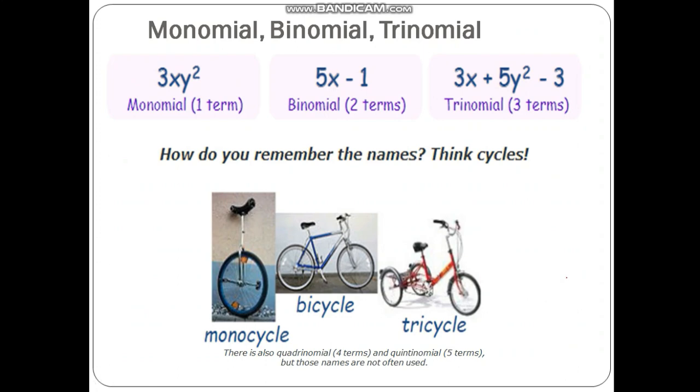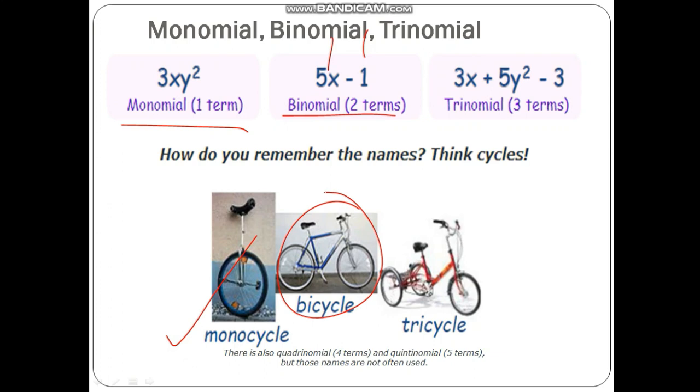So now we have monomial, binomial and trinomial. 3 types of polynomials we have discussed. If a polynomial has just one term, it is called a monomial, like a monocycle, having one wheel. If a polynomial has 2 terms, then it is called a binomial, like a bicycle.